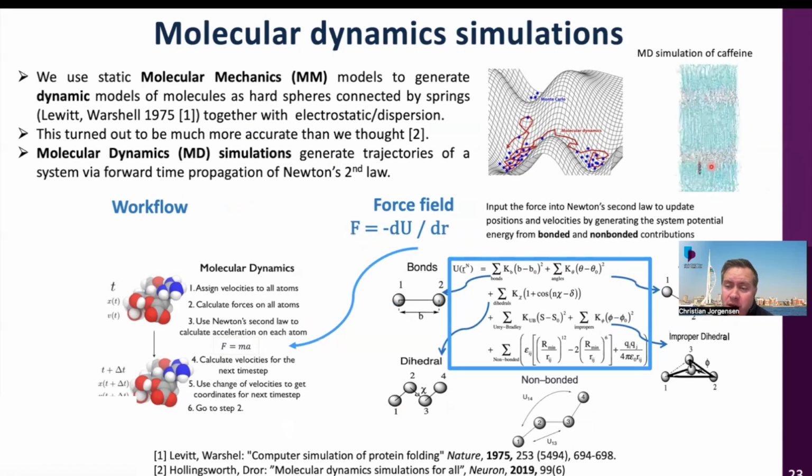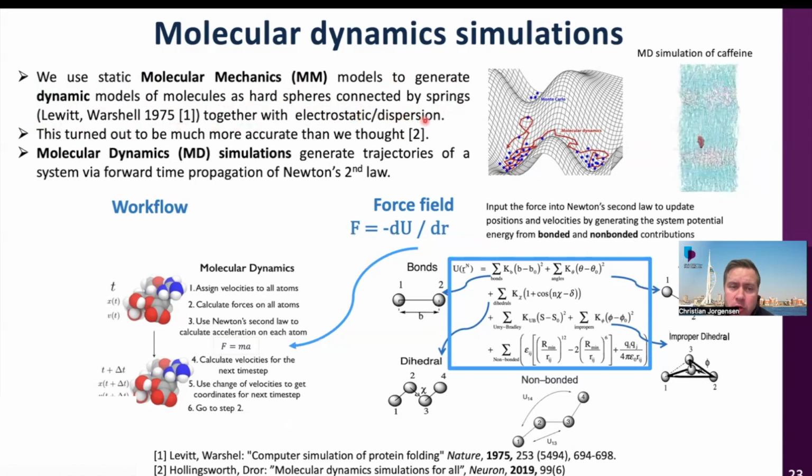So let's talk a little bit about what this is, and we have lots of time. So we use a static molecular mechanics model to generate dynamic models of molecules as hard spheres connected by springs. This was shown by Levitt and Warshel in 1975, together with electrostatic and dispersion terms.